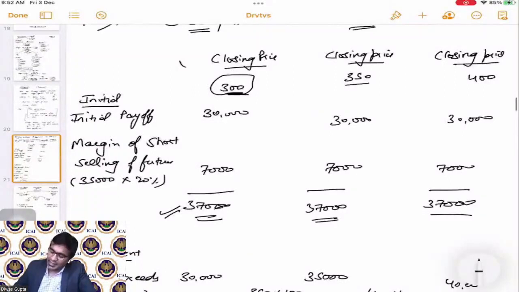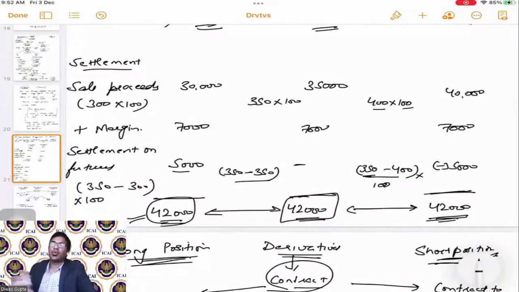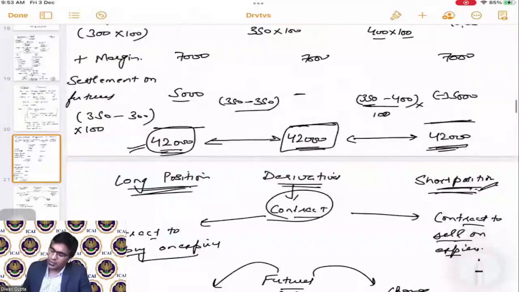In any situation, let it be whatever the closing price, your cash flow is 42,000. This is what you are hedged. The risk is hedged. You will invest 37,000, you will get 42,000 in all the situations, whatever the price is going to be. This is what hedging is.